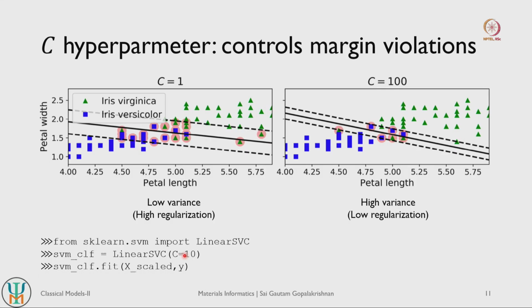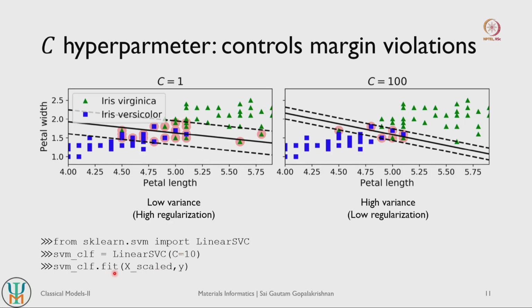And the way to include C is we first import a support vector classification model, right. So, LinearSVC stands for linear support vector classification, and linear models work fairly well for linearly separable data sets, right. So, from scikit-learn's support vector machine module, we import this LinearSVC package, and then when you create an instance of the linear support vector classification class, you also feed in the C hyperparameter here, right.